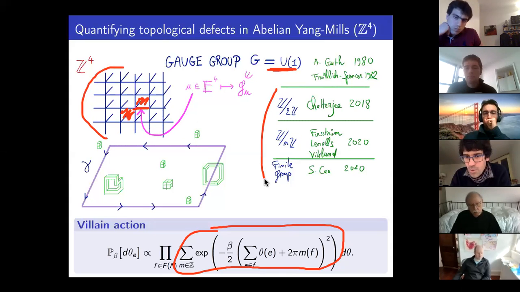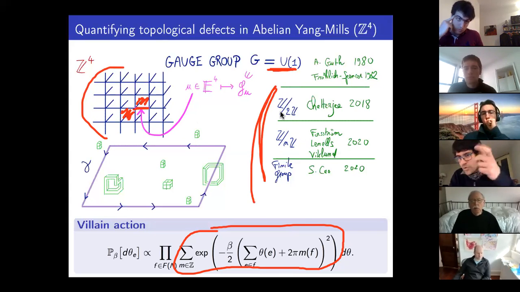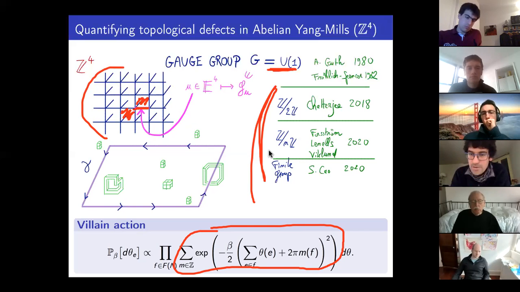And there were many works lately by Chatterjee for the case of Ising spins on the edges, or finite groups by Forsström, Lenells, and Viklund, and Sky Cao has done all finite groups, Abelian or not. And in some sense, what we do here is an extension to the continuous groups, but they are Abelian, so it's a U1.